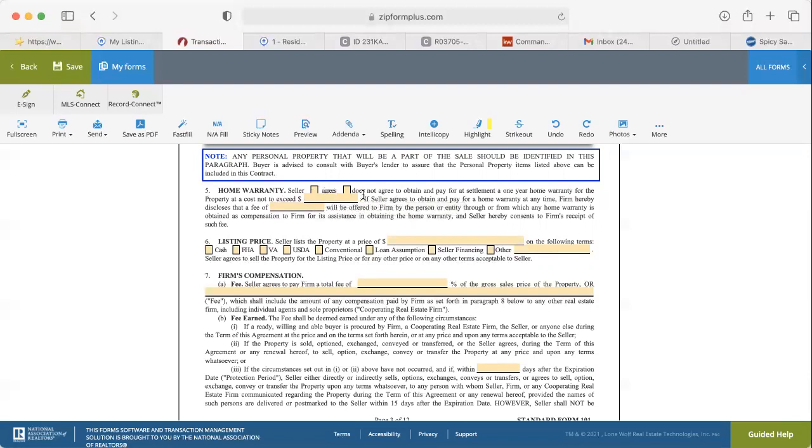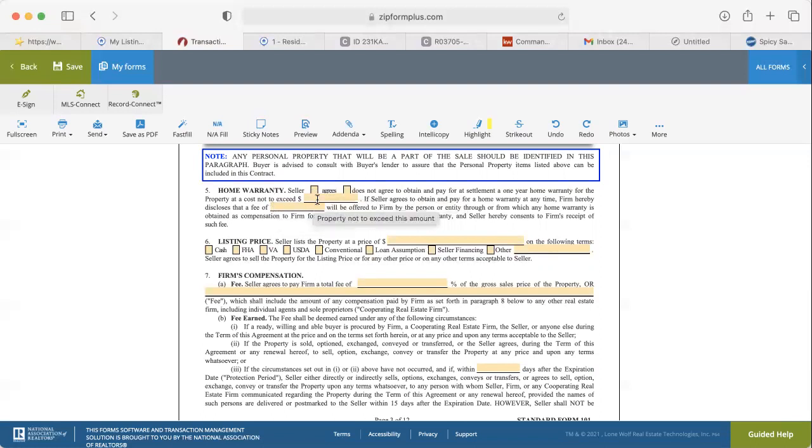Or if they don't agree, they would check this box. If they do agree, then I would recommend in your listing presentation, you may have examples or brochures from 2 or 3 different home warranty companies that they can review and select a company and a policy to purchase for any future home buyer.